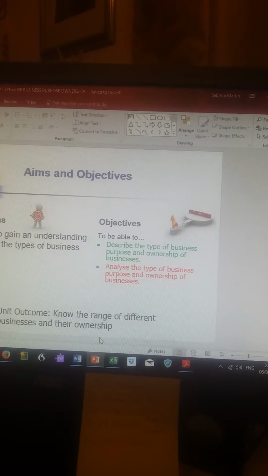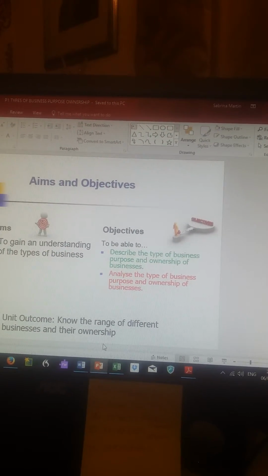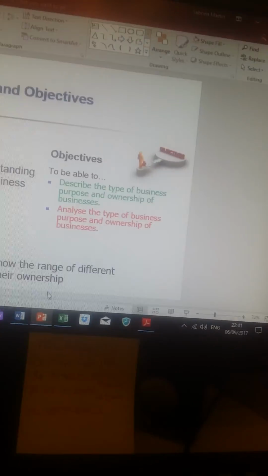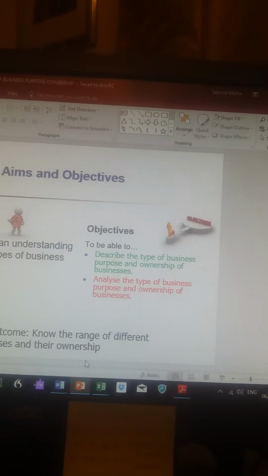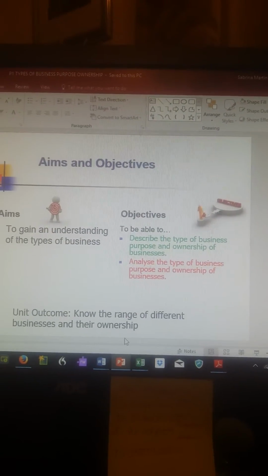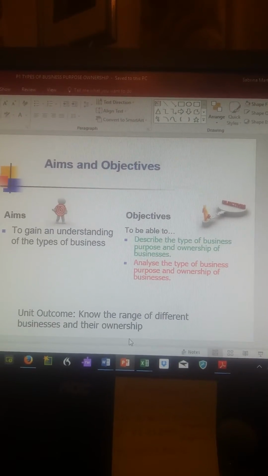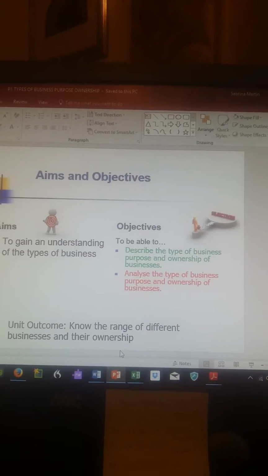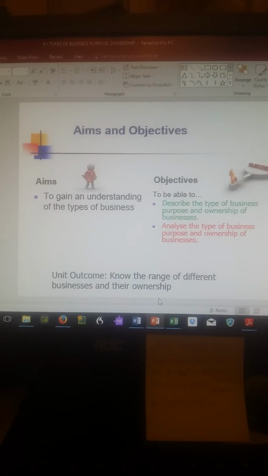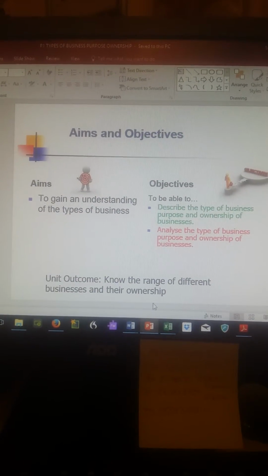There may be disagreements about how things are done, and profits do have to be shared. Since 2003, a limited liability partnership was created in Britain, and that's to protect the owners and give them limited liability.